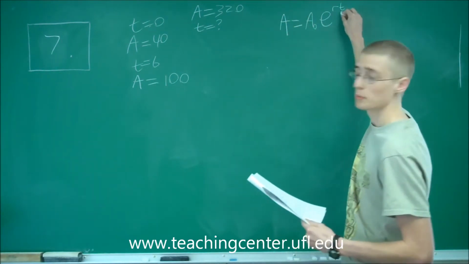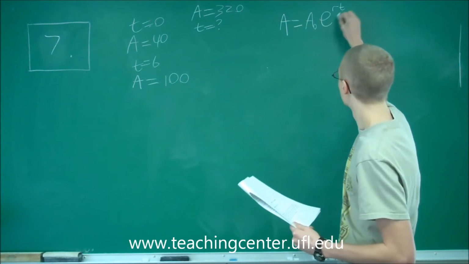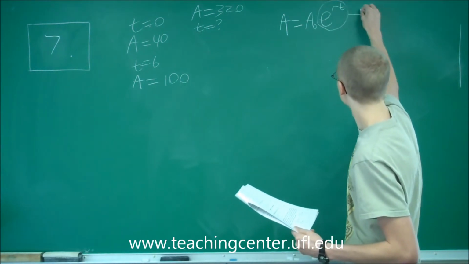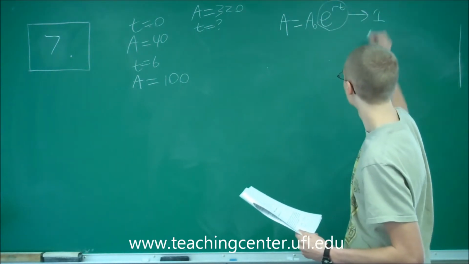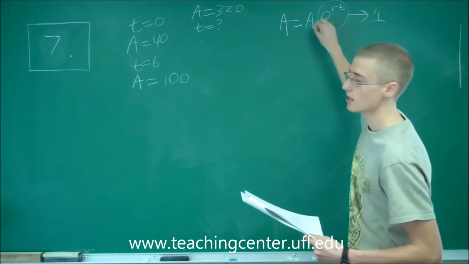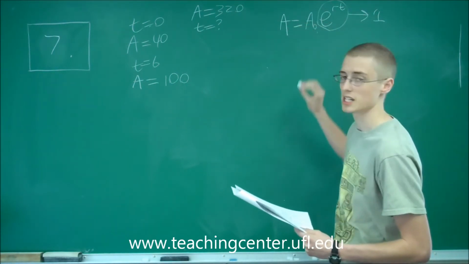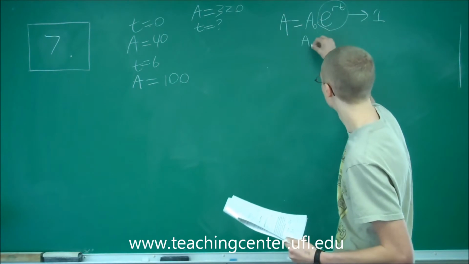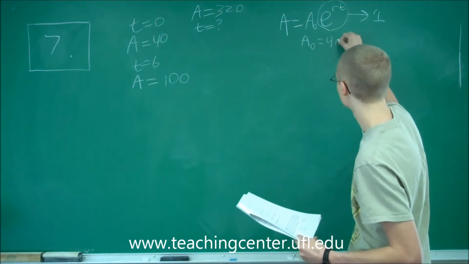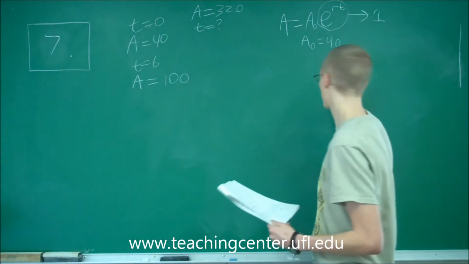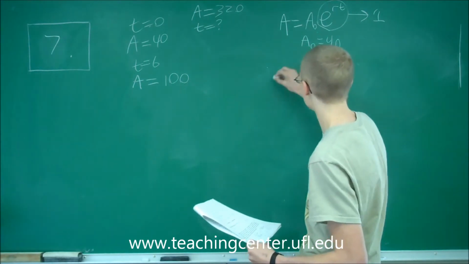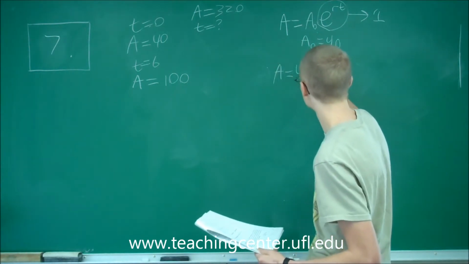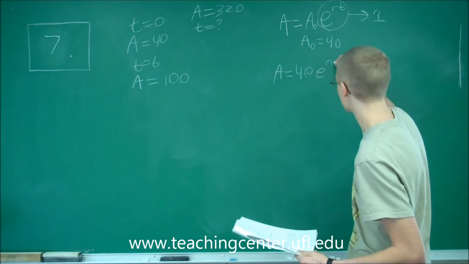So when we plug 0 in for this equation, this quantity is going to go to 1. 1 times A0 has to equal 40. That means A0 is 40. Now that we have that information, we can rewrite the equation. A equals 40 e to the rt.